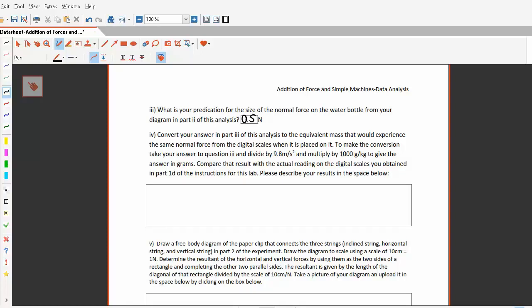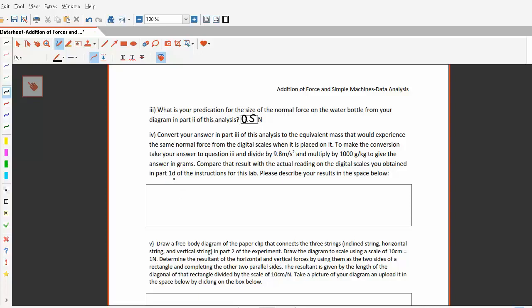We now need to see how a force downwards of 0.5, as experienced by the digital scales, would affect the reading. Well, the way the digital scales work is that it senses the weight of the object, which is the force of gravity on it, and then converts that back into what the mass of the object should have been.